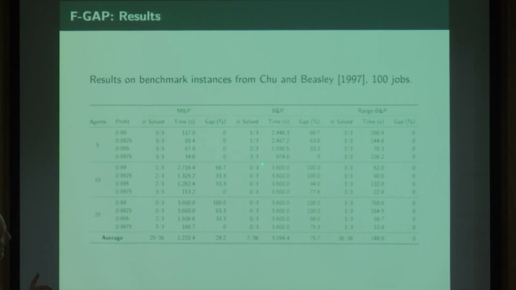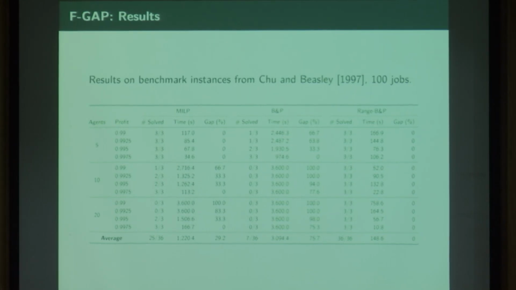And again, if I do branch and price, even for the fair version, it's not doing any better, right? I mean, this is worse than this formulation, this is worse than this formulation, this is worse than this formulation. So the trivial extension without doing column generation is not good.